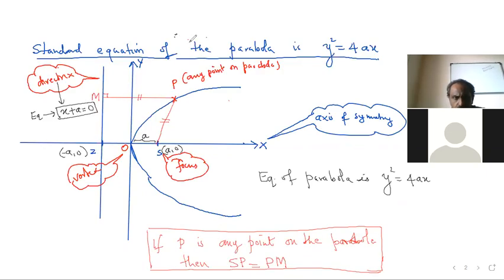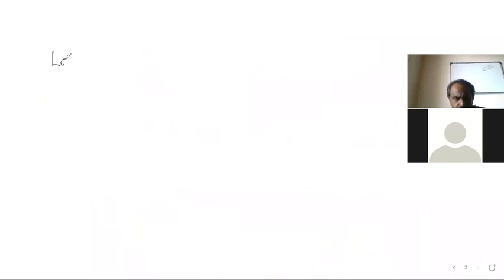Now, I'm going to define what is known as latus rectum. Latus rectum of a parabola. So again, I'm drawing the parabola.